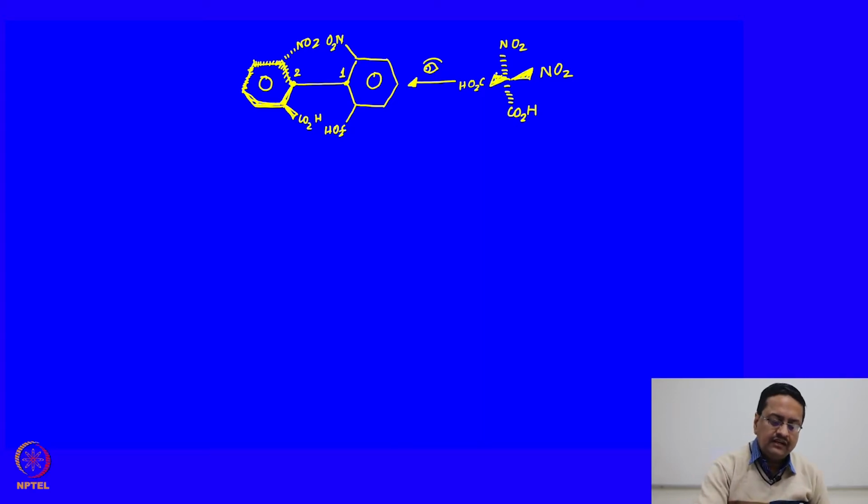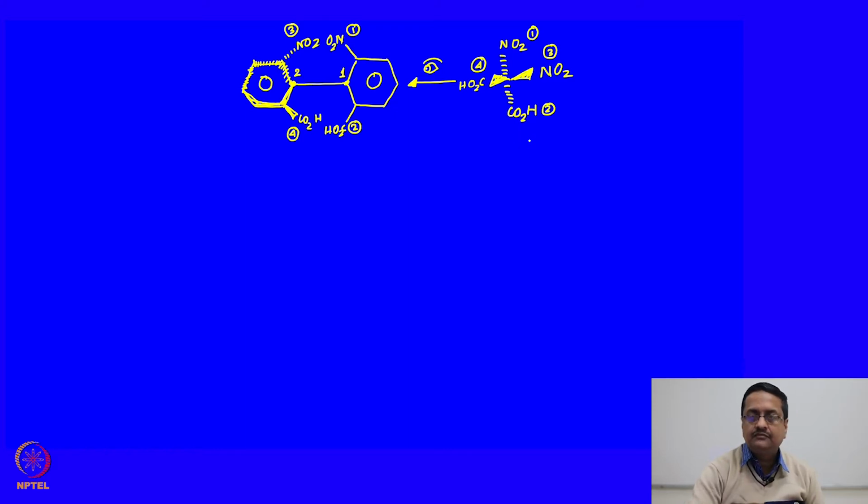When we try to identify the priorities, it is again based on carbon number 1. So, this is 1, 2, 3 and 4. Now, this wedge projection is very similar to the Fischer projection methodology, where the groups in the vertical line are below the plane of projection.